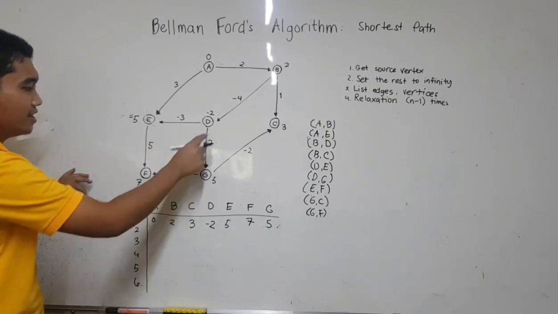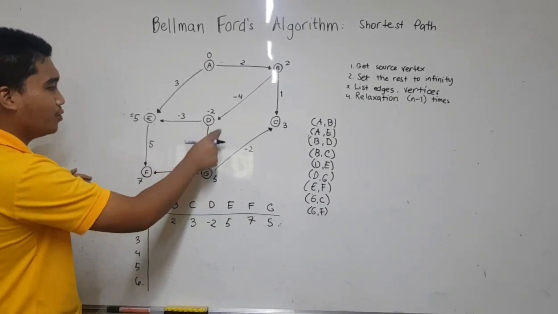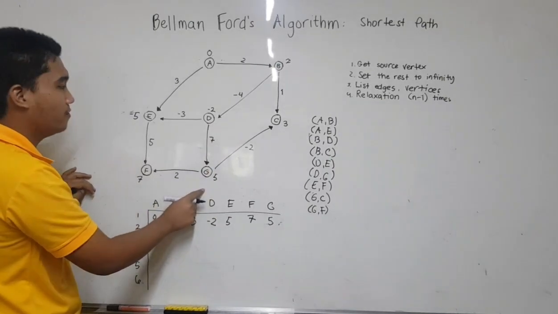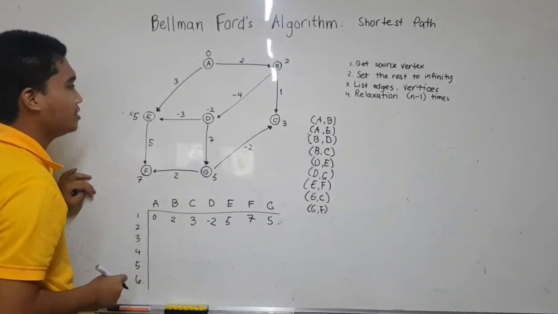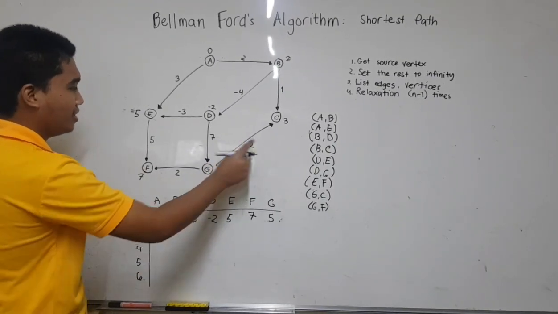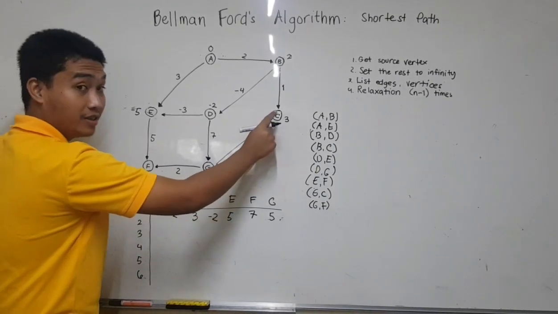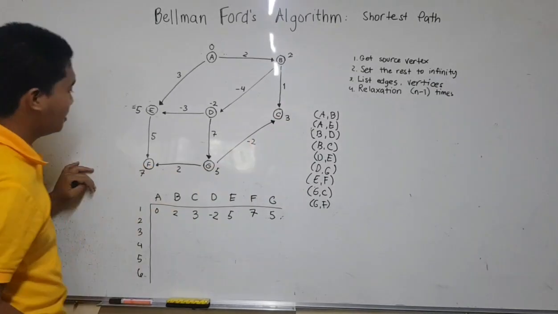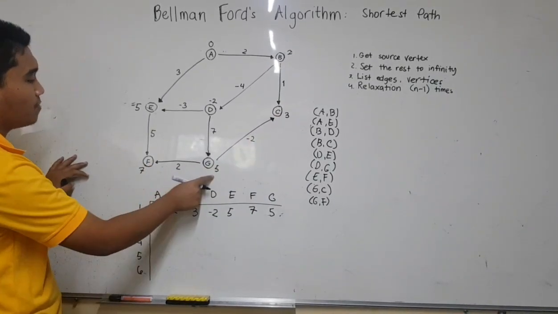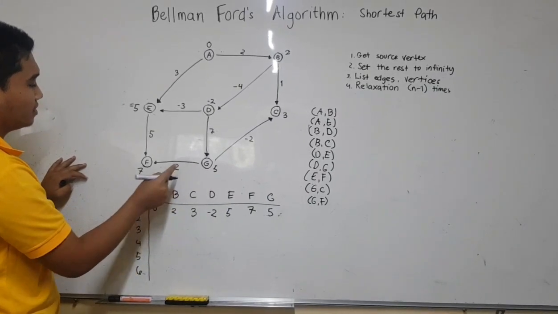The next is D to G. Negative 2 plus 7 is positive 5. It's already 5, so no change. Then next is G to C. G to C, 5 minus 2 is 3. So no change. Then next is G to F. 5 plus 2, 7. So no change.